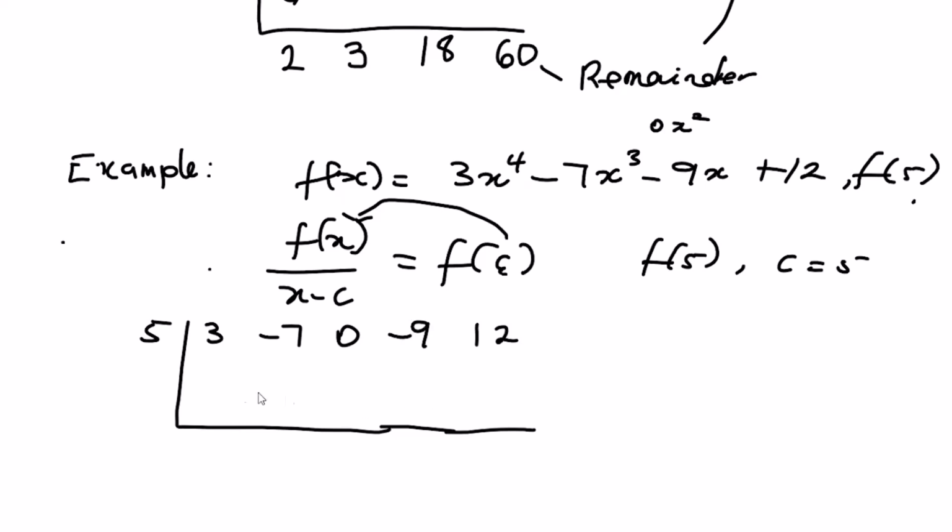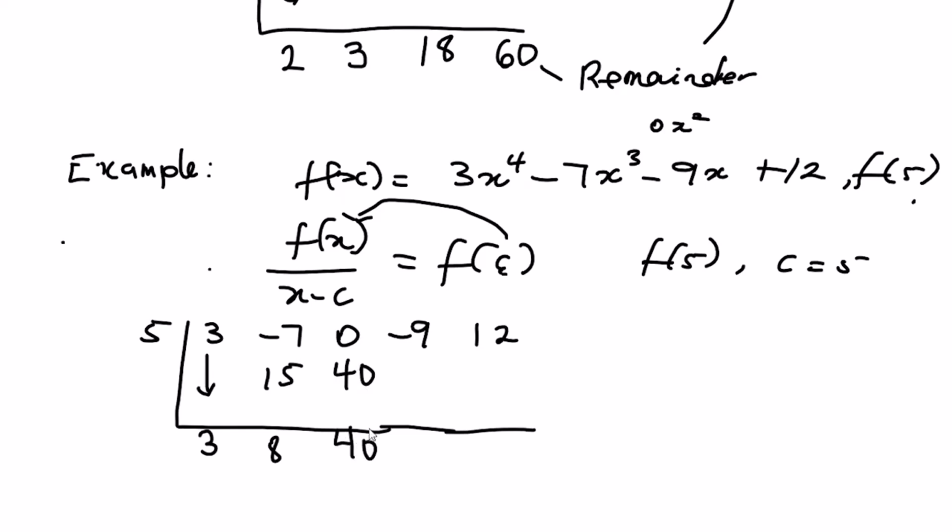Alright, so let's see. You bring down the first coefficient. You use it to multiply the c. So 5 times 3 will give us 15. Then we add, we get what? 8. So we add in column. Alright, 8 times 5 will give you 40. So 40. You add, you get what? 40.